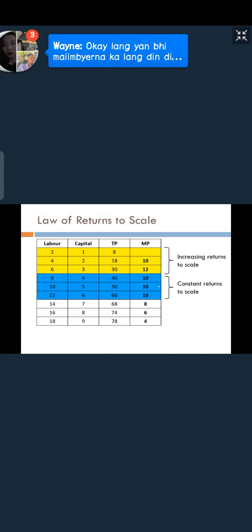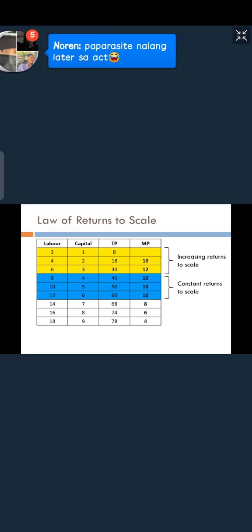Why constant? Because the difference between the marginal products becomes 10, 10, 10, 10. Therefore, there's no increase, there's no decrease, it just remains constant. It occurs if a given percentage change in all inputs results in an equal percentage change in output.